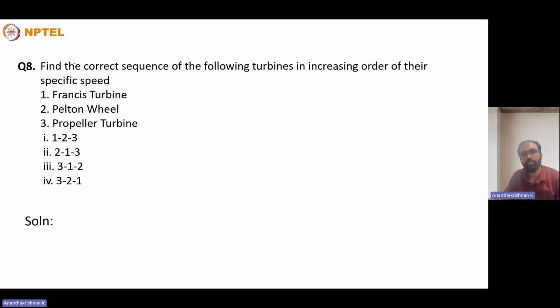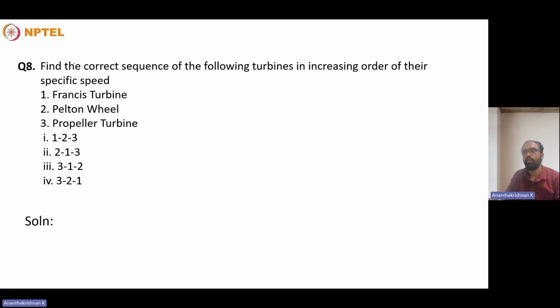Axial turbines are of two types. One is the Kaplan turbine and the other one is the propeller turbine, where the shape as well as the arrangement of the blades can't be changed. The propeller turbine is an axial turbine, and it can operate at a lower head.